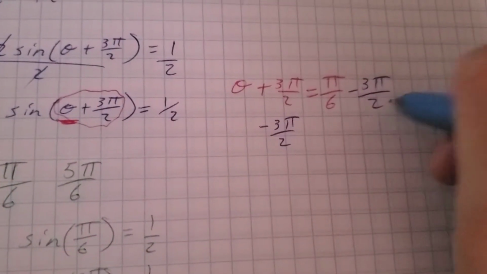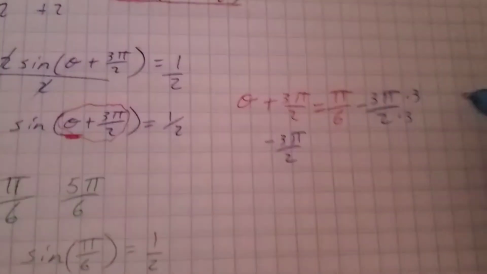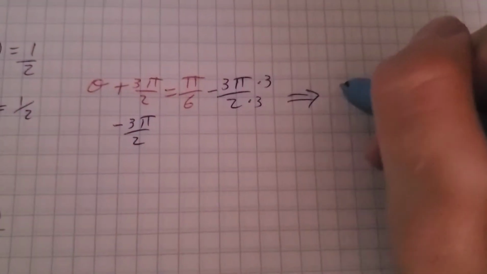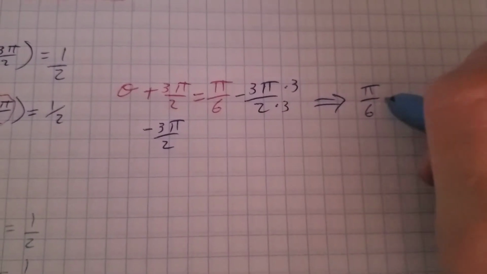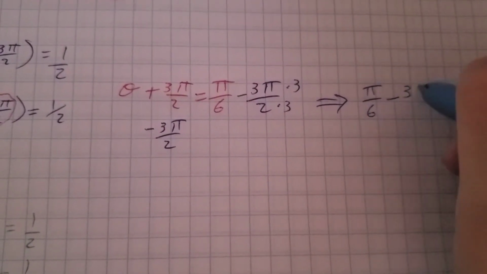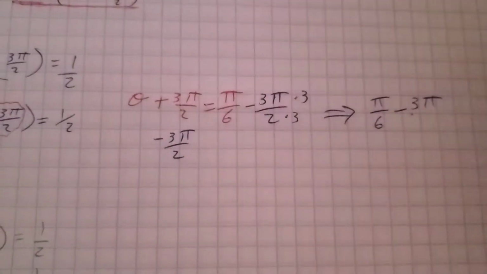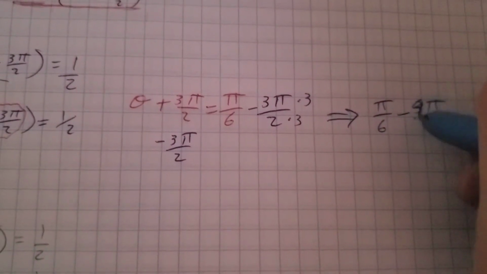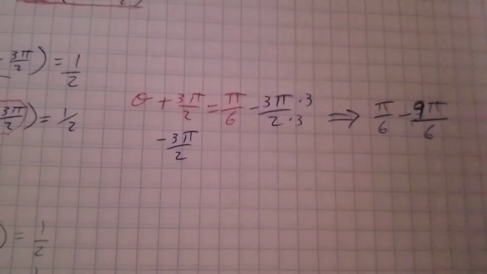I'm going to multiply top and bottom by 3. So I get pi over 6 minus, 3 times 3, that would be 9 pi over 6.